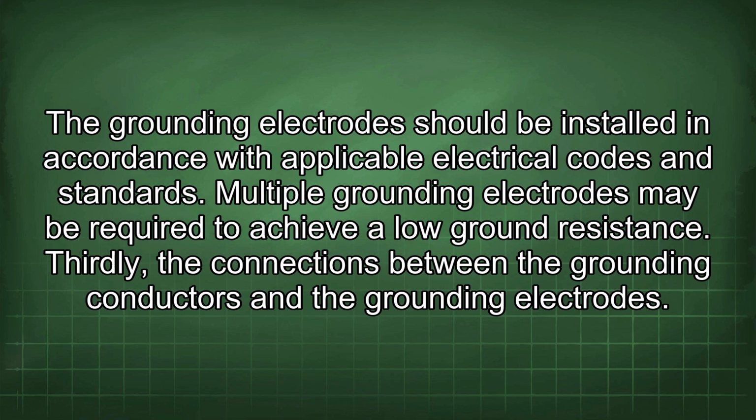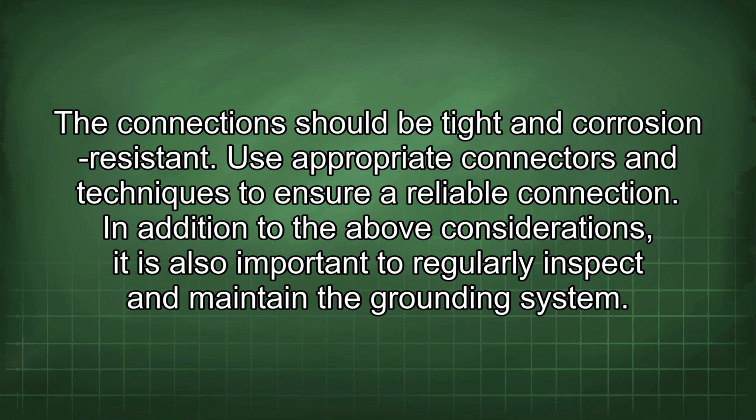The grounding electrode should be installed in accordance with applicable electrical codes and standards. Multiple grounding electrodes may be required to achieve a low ground resistance. Thirdly, the connections between the grounding conductors and the grounding electrodes. The connections should be tight and corrosion resistant. Use appropriate connectors and techniques to ensure a reliable connection.